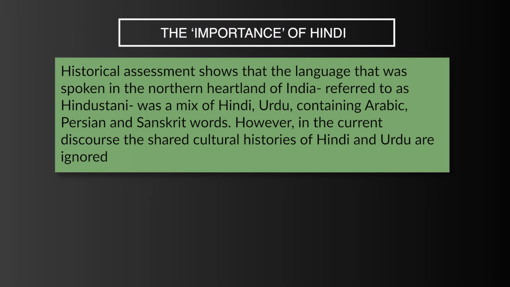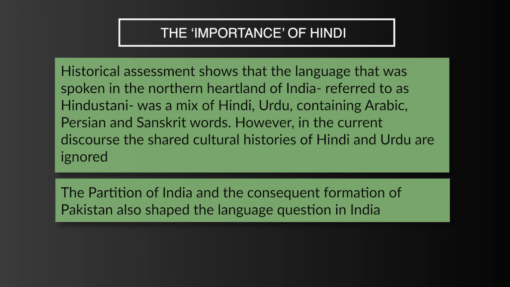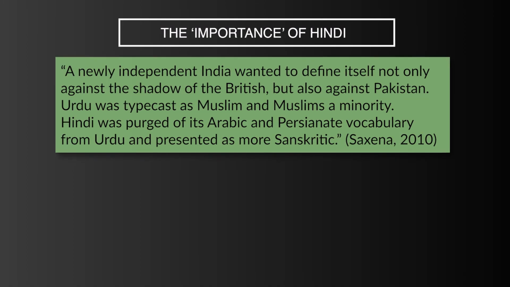In fact, the language that was spoken in the northern heartland was Hindustani, and it contained a mixture of Arabic, Persian, Sanskrit languages. But after independence, the formation of Pakistan and the question of Urdu being the national language of Pakistan had an impact on the way in which our leaders started thinking about a national language. So, Urdu was typecast as Muslim, Muslims were considered a minority, and Hindi was purged of the Arabic and Persian words that were already there and was made more Sanskritic.